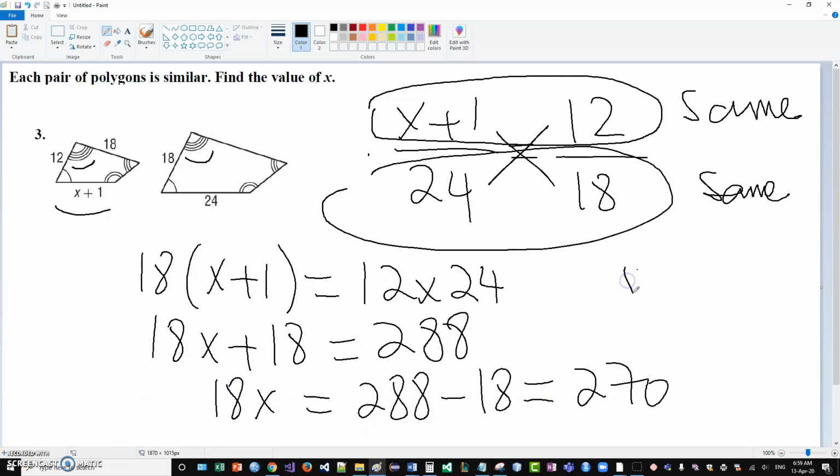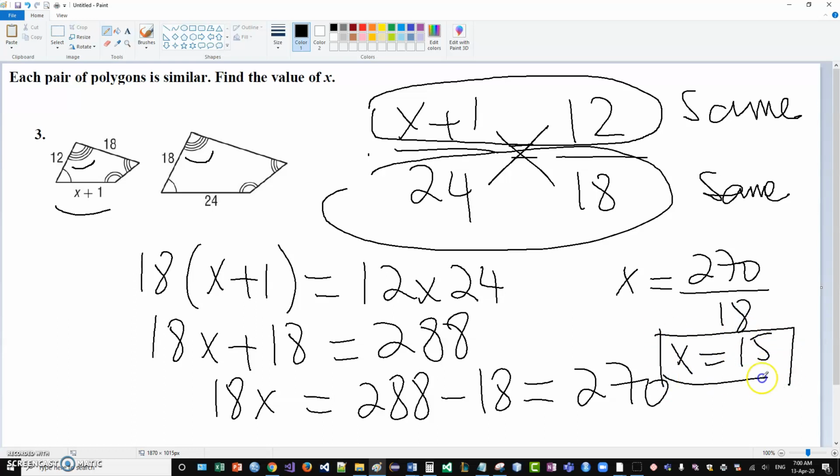So x equals 270 over 18, which is 15. And this is our final answer. Let's move on.